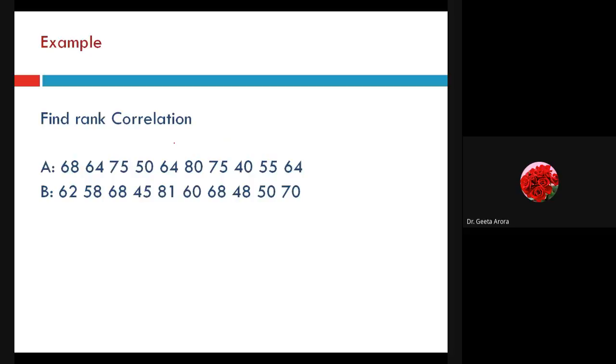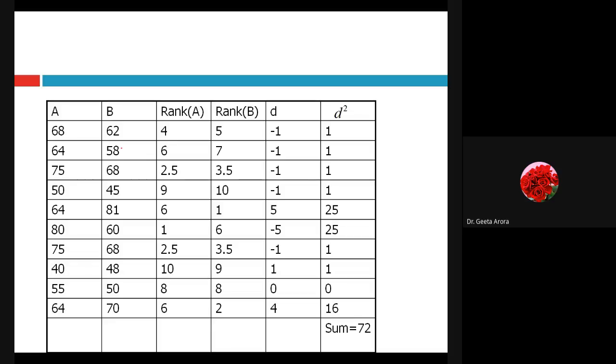Let's see from here. We have to find the rank correlation between these values of A and B. If we start with data A, the biggest value here is 80 at rank 1. The next value is 75, and if we move on, 75 is here again. So we got a tie, and how many times is the value repeated? 2 times.